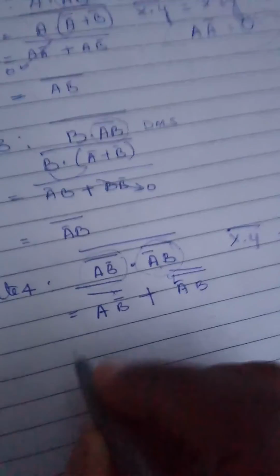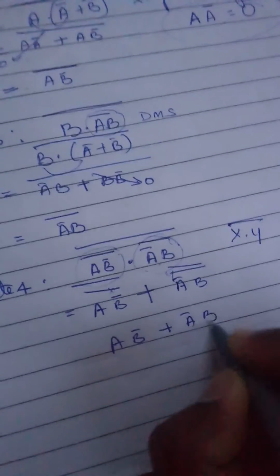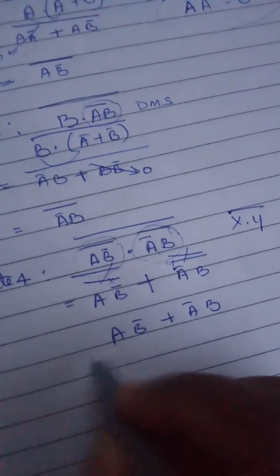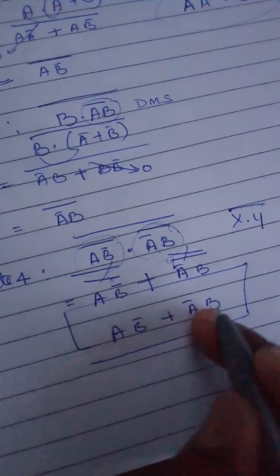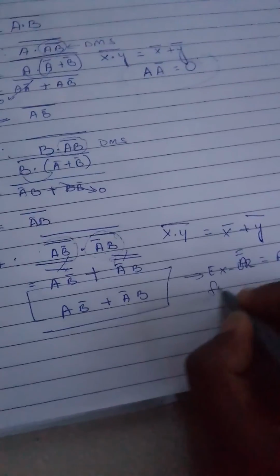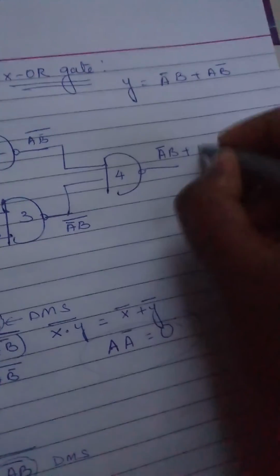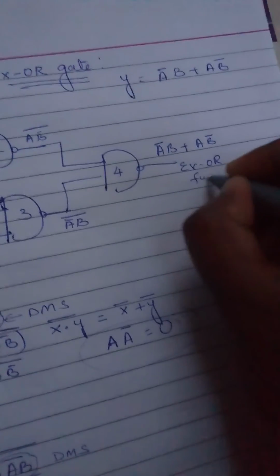A double complement is equal to A, so these two complements get cancelled. So you have the output of gate 4 as A B bar plus A bar B, which is an XOR function. So that is A bar B plus A B bar, which is an XOR function.